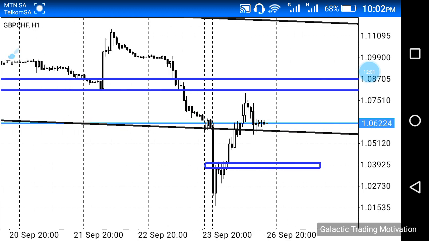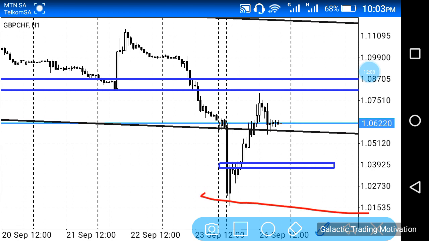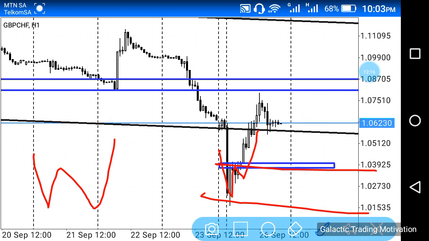Just before we close, I also want to mention that as much as I'm saying that my take profit will be here, just also bear in mind that we have this W structure that I spoke about, which has a neckline at that point, right? And I said to you guys that when it comes to W structures, once price has broken to the upside of that neckline, what normally happens is price moves back to the neckline to test it, and at this point we look for potential buying opportunities.